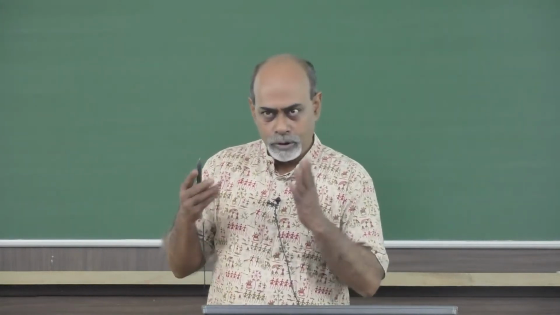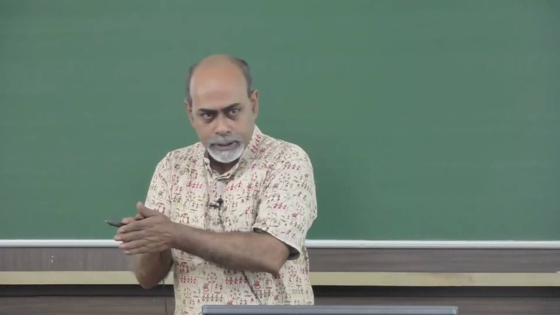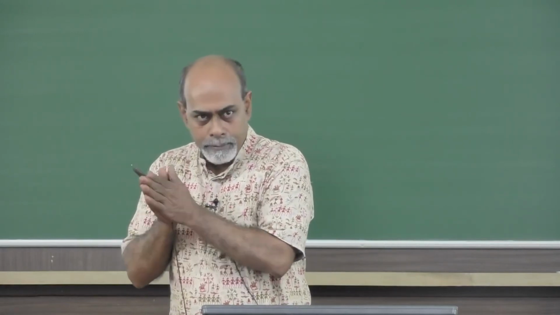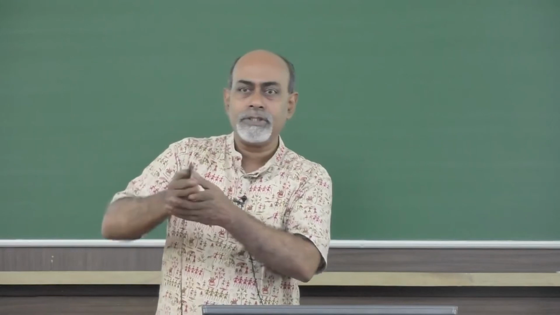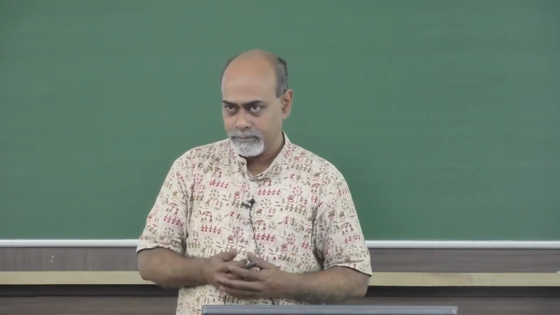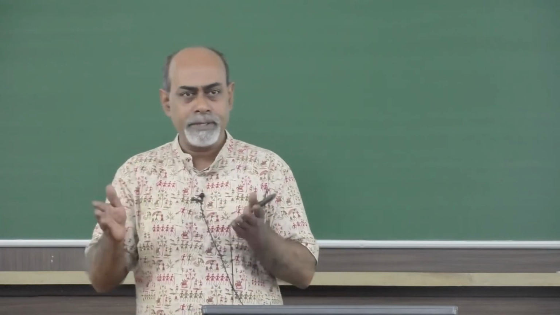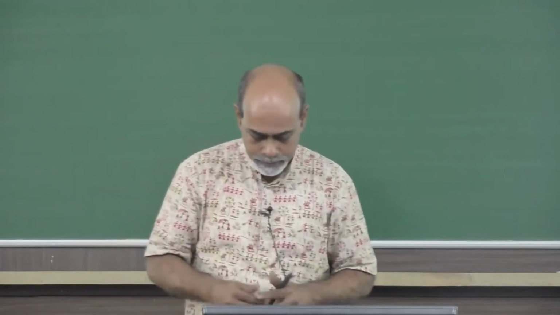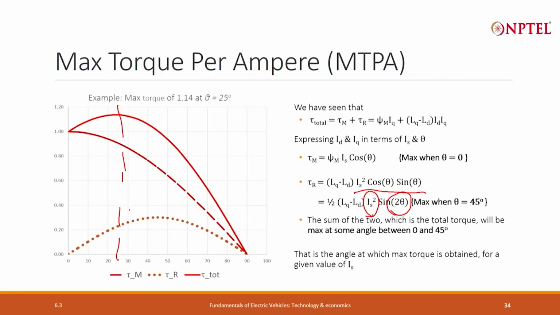So, we have a methodology where we measure the current, and based on the current we change the angle in the software, so that we get maximum torque. This is called MTPA, what we saw in the previous slide, maximum torque per ampere.